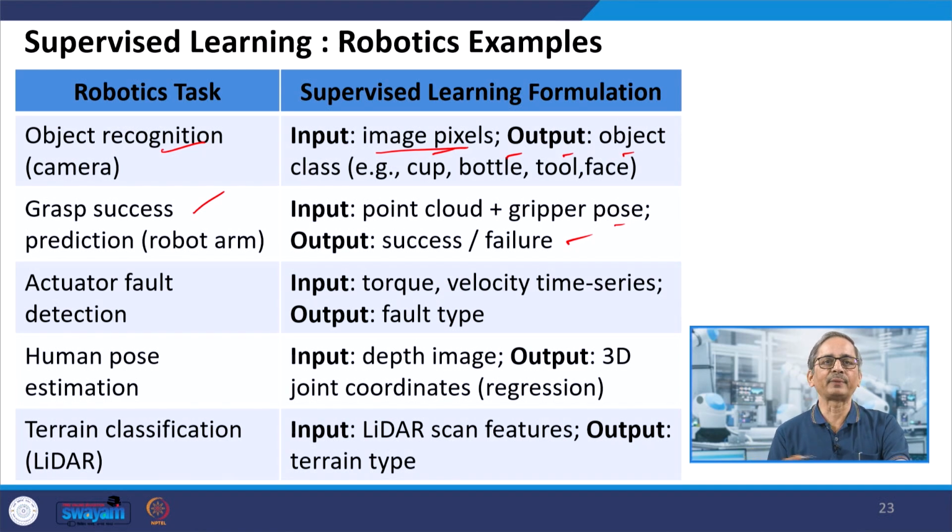For actuator fault detection, we could have torque and velocity time series as the input, and the output could be the fault type. Similarly, for human pose estimation, input could be a depth image and output could be 3D joint coordinates. For terrain classification through LiDAR, your input could be the LiDAR scan features and output could be the terrain type.